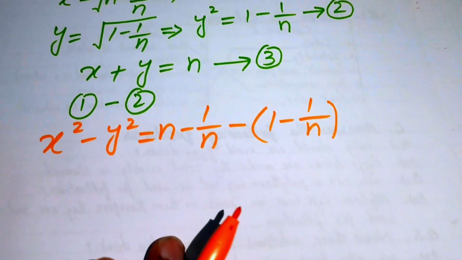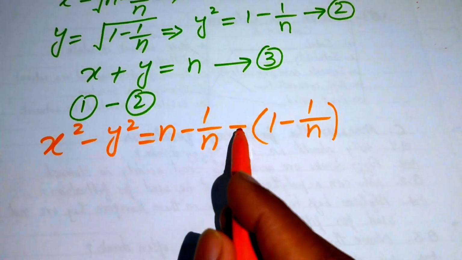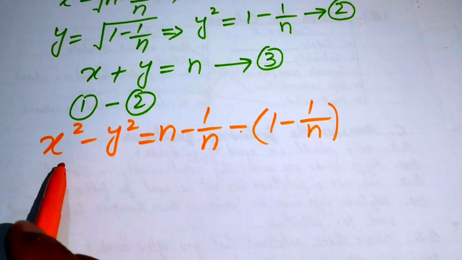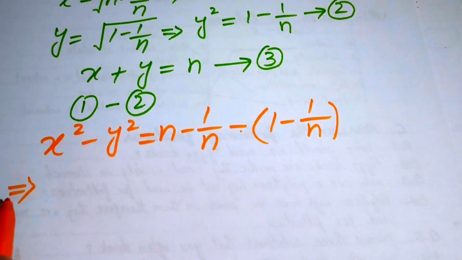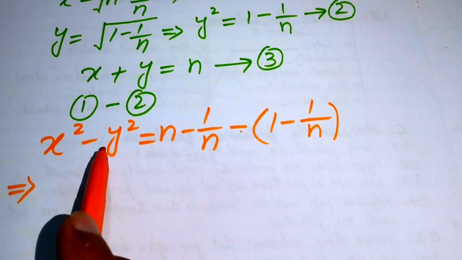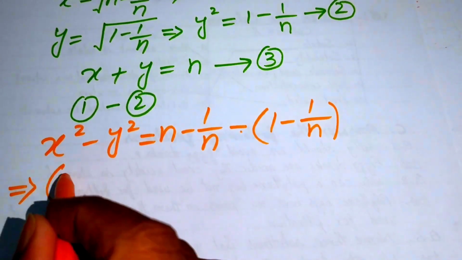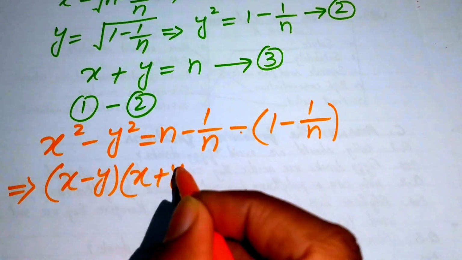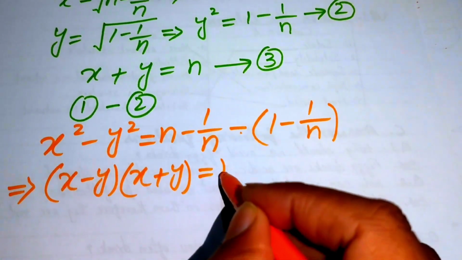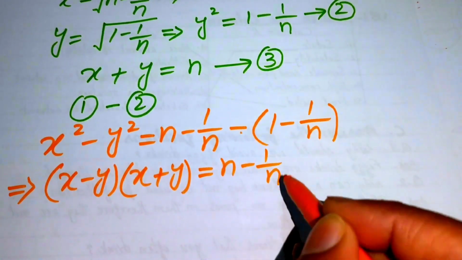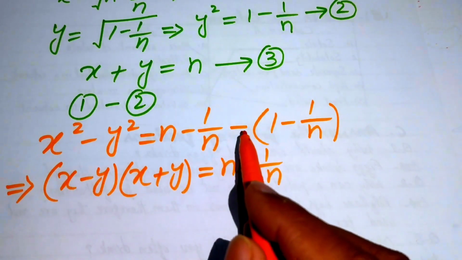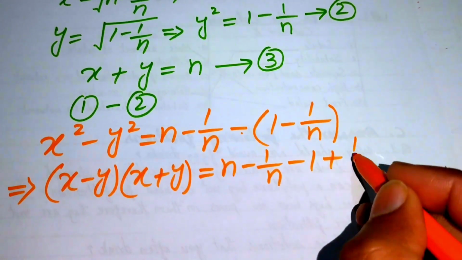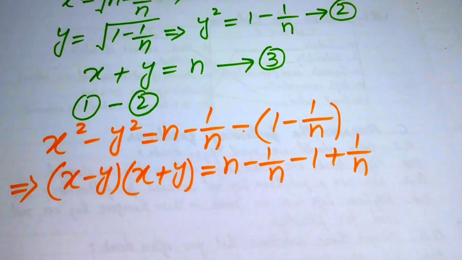And now in the next step we simplify these terms. On the left hand side we use the nice square identity, and you know that x square minus y square equals x minus y times x plus y, which equals n minus 1 over n, minus 1 plus 1 over n.